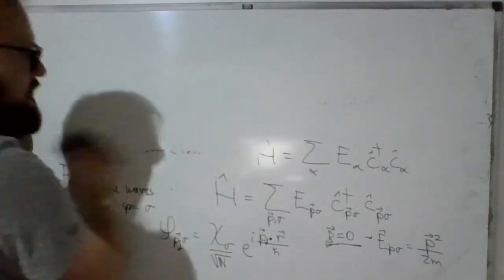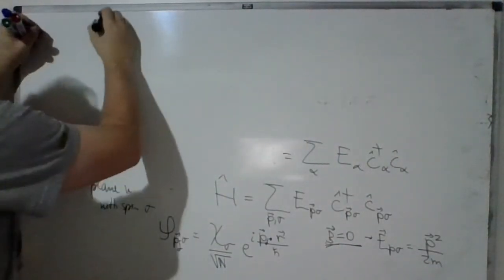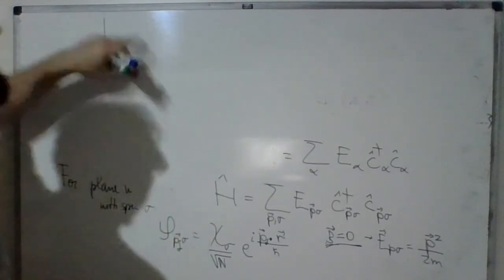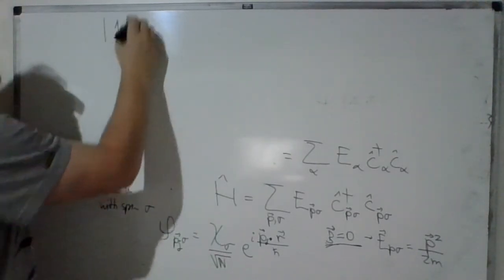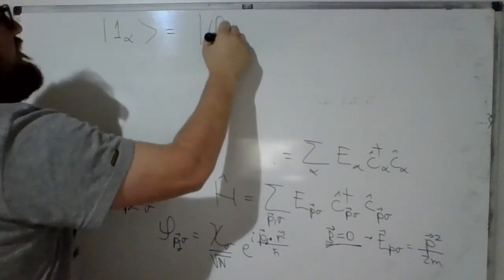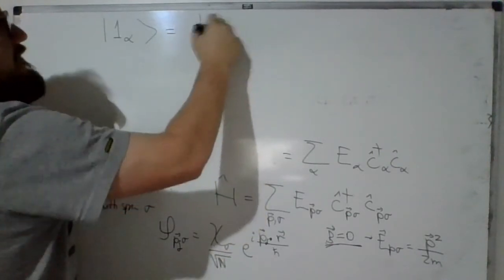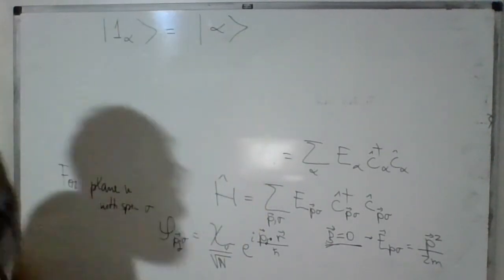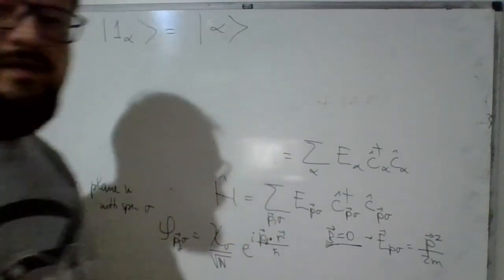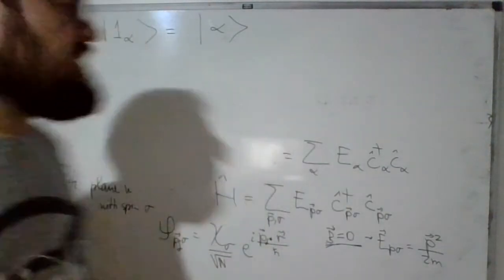So now let me just remember, suppose you have a particle within a given state alpha, okay? So I'll call this state phi alpha occupied by one particle. One particle in the state alpha, a very specific state alpha.